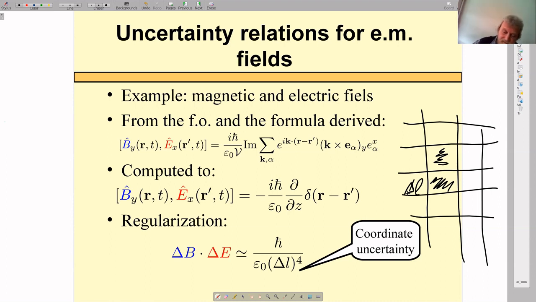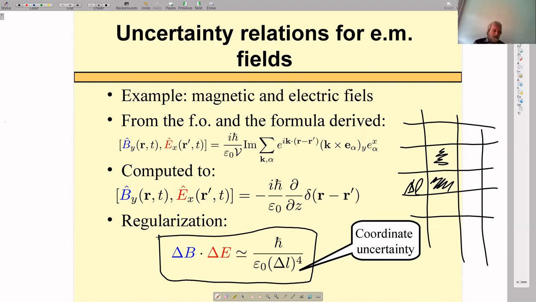Let's do this. Then we can finally get something interesting for uncertainty. So it scales like this. In this case, the uncertainty is only for B and E in the same cell.